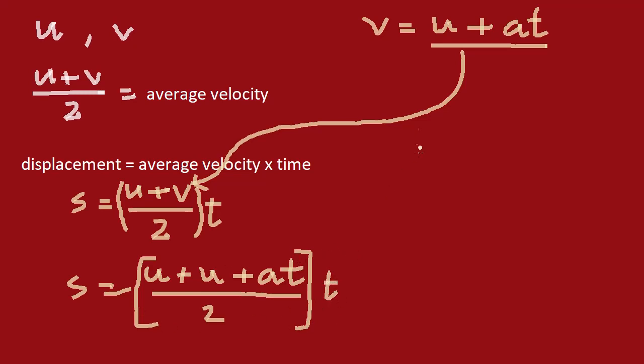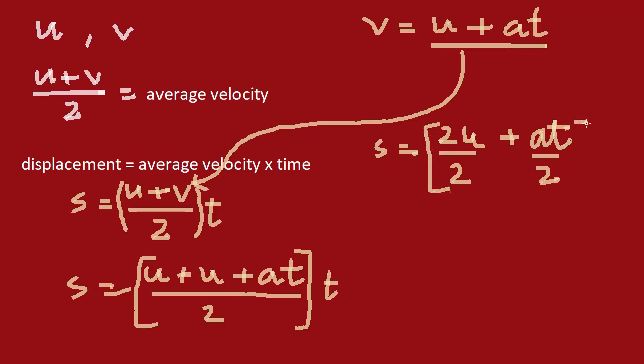Now if we move forward, we have s equal to u plus u, which gives us 2u, and we have at, divided by 2. Now this 2 we can split between these two terms, a 2 over here and again a 2 over here, with this entire thing in brackets and t outside the brackets.